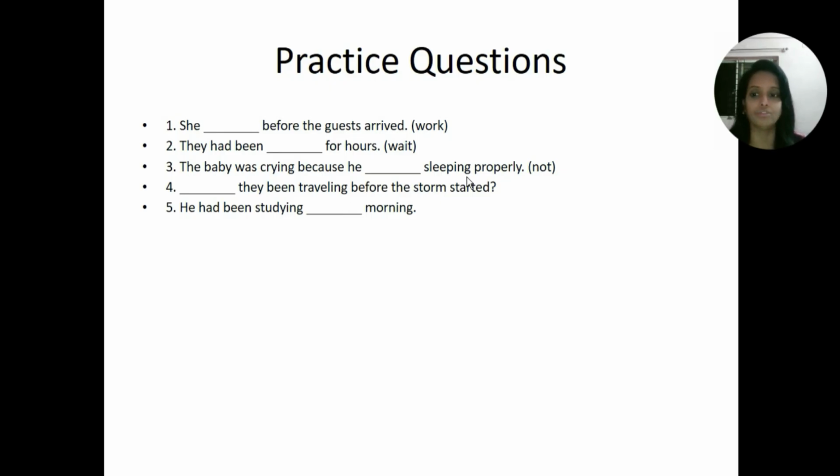This one is the negative, right? So not been. Had they been traveling before the storm started? Here the question structure begins with had, okay? And for the fifth one, he had been studying since morning. So this one is the long-term duration, okay?